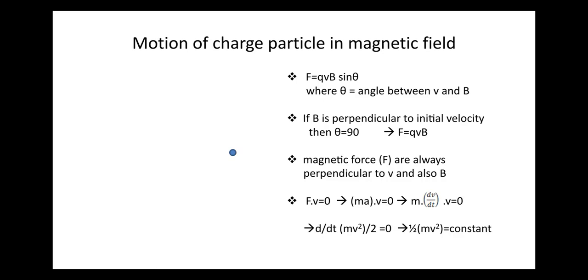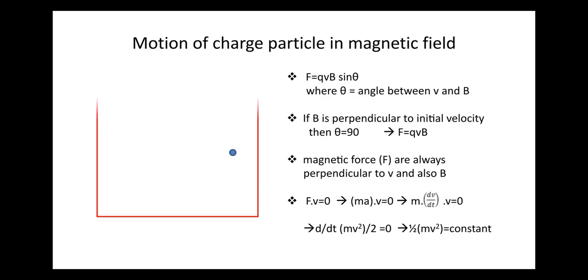That means the derivative of kinetic energy with respect to time is zero, so the kinetic energy of the particle is constant. The charged particle moving in a uniform magnetic field does not gain or lose energy. The only factor that can be affected is the direction of motion.